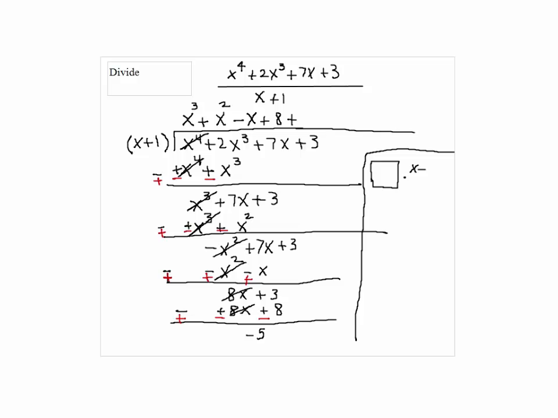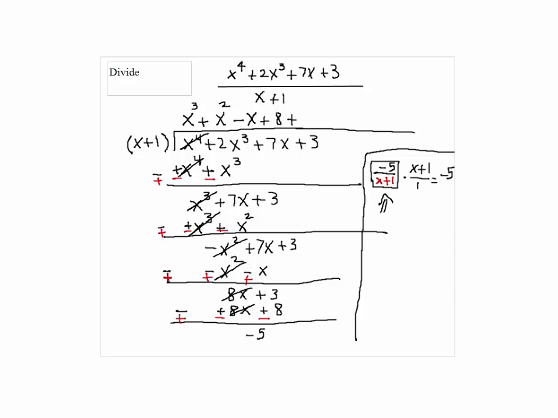When we have a remainder, we need a term here. What times x plus 1 gives you negative 5? That's what you have to ask yourself, and we can do this in this corner here. What we are asking ourselves is, what times x plus 1 over 1 gives you minus 5?